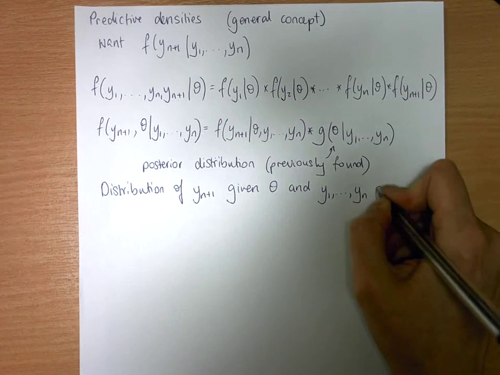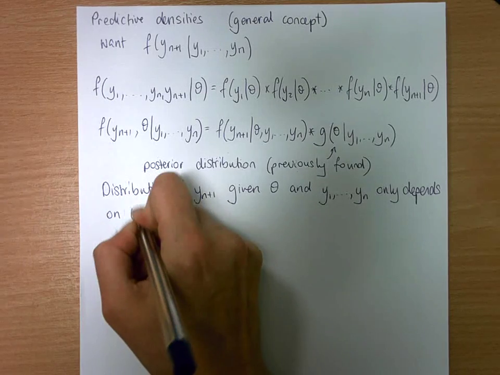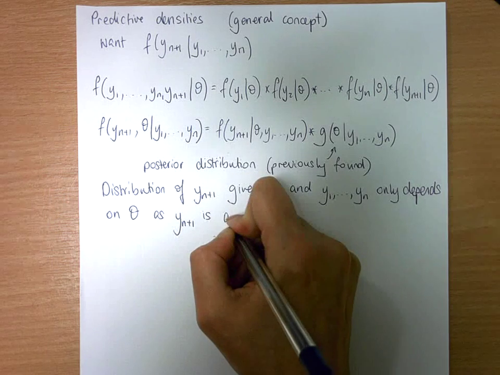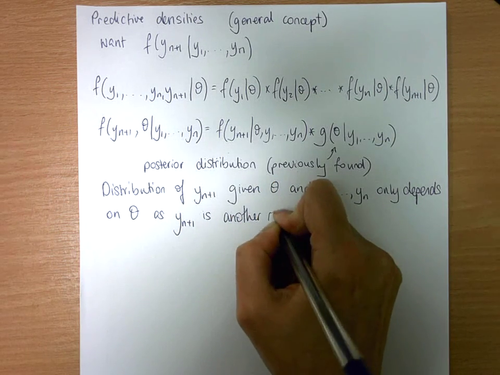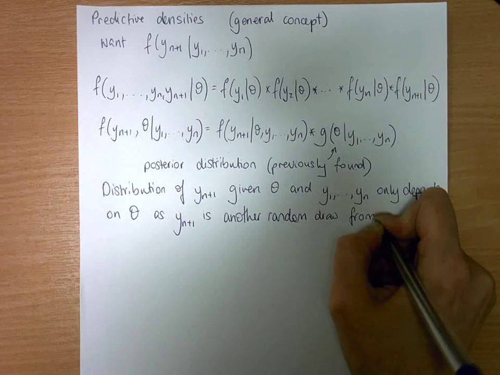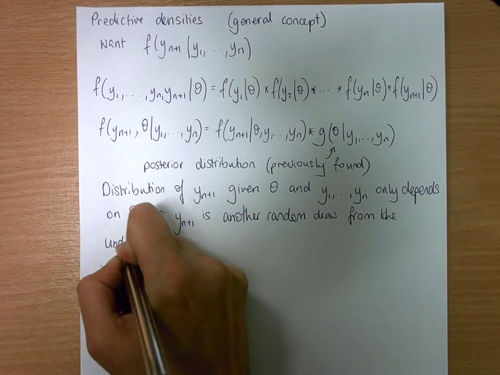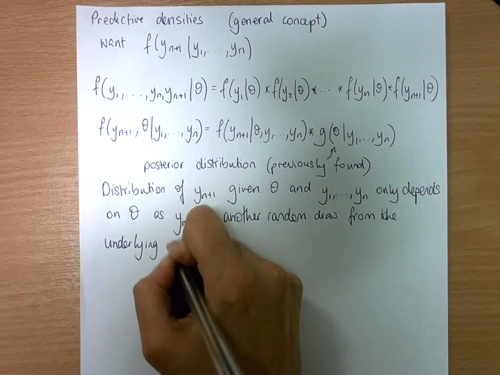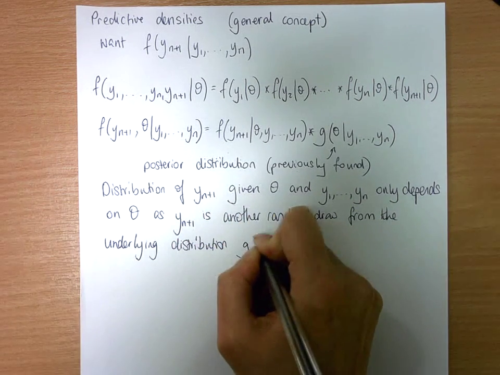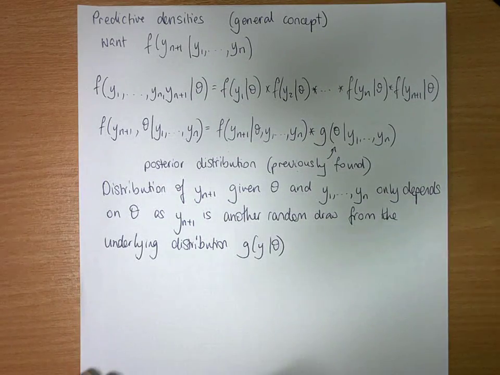It only depends on theta, as y_{n+1} is another random draw from this underlying distribution g of y given theta.